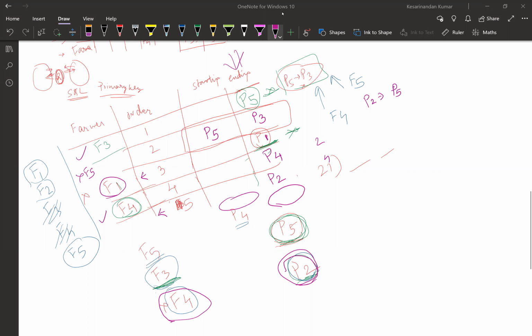So any hint that you could arrive at? By the way, which was the question that you had got right? 21 was right. Okay, so 21 we have already solved.